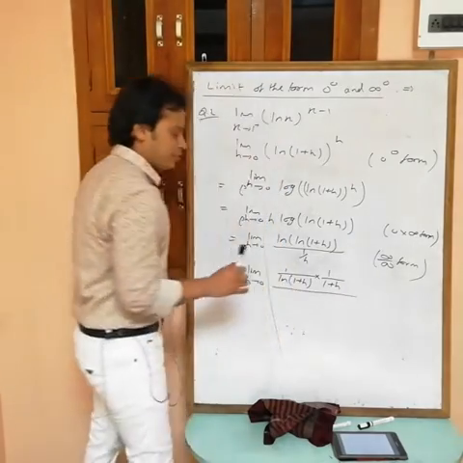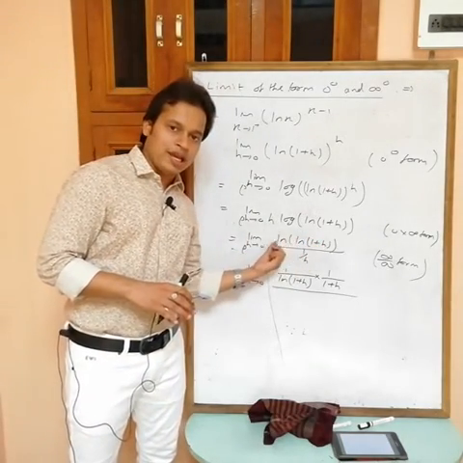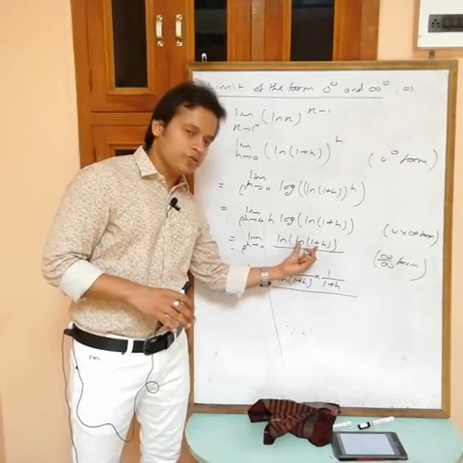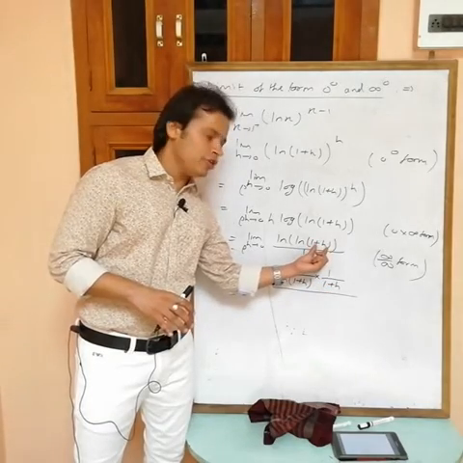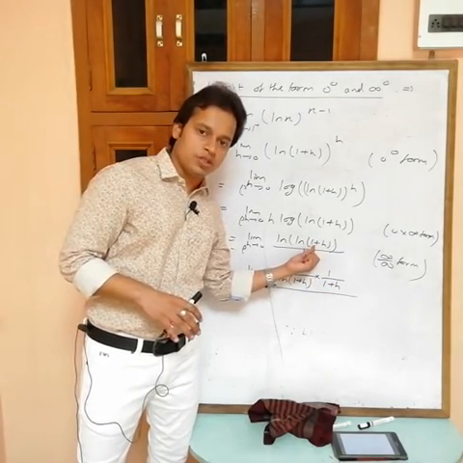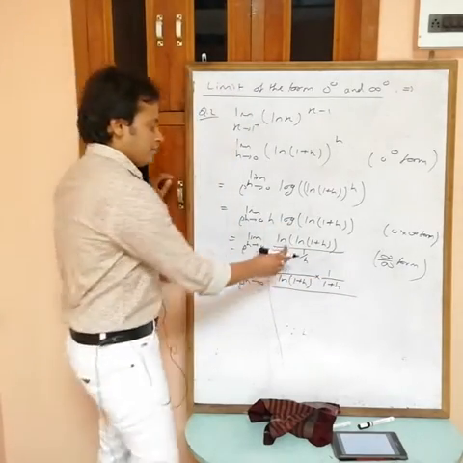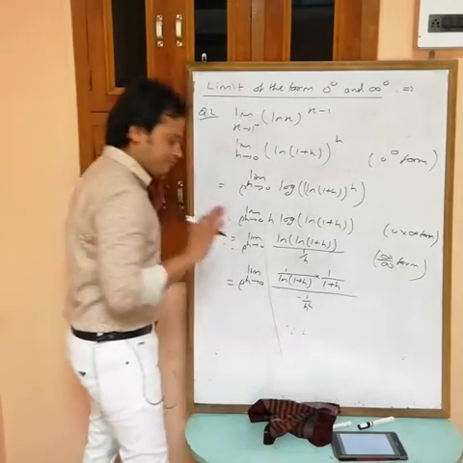So derivative of numerator is done now. Derivative of assuming h is 1 is 0, derivative of h is 1, multiply, you will get 1. Okay, derivative of 1 by h is minus 1 by h square.